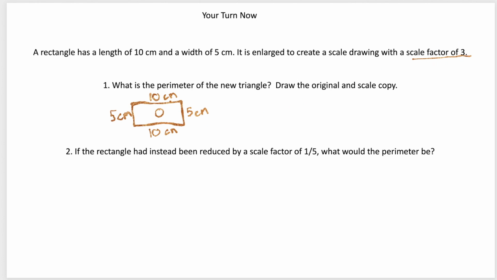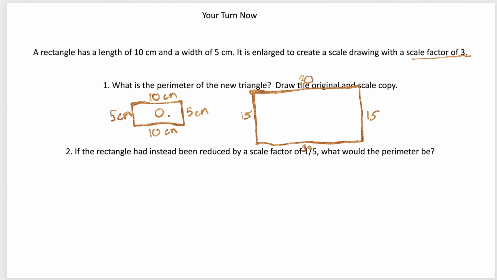So if I have a K value of 3, that means these new dimensions are going to be 30 and 15, right? So I'm going to draw a larger rectangle like this. And this is now going to be a 30 up here. So 30 and 30. And this is going to be 15 and 15, all right?